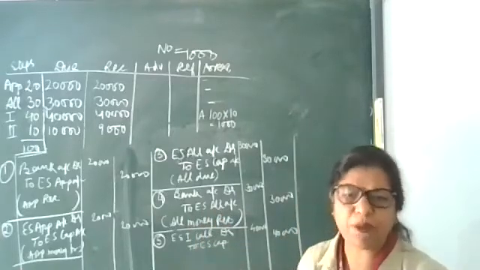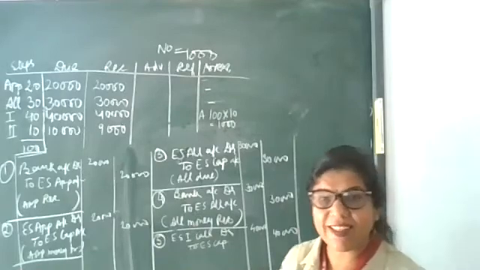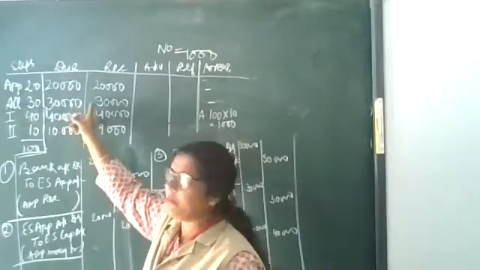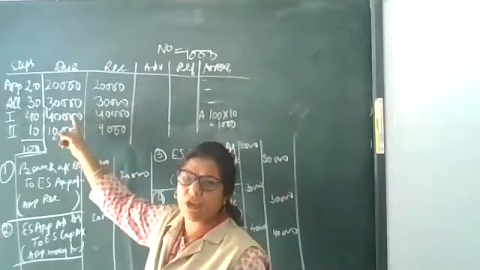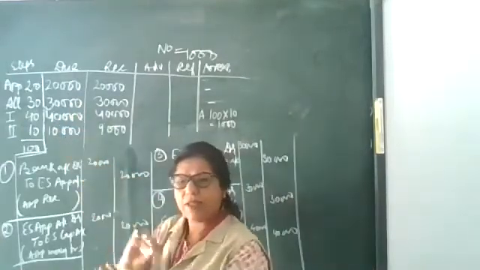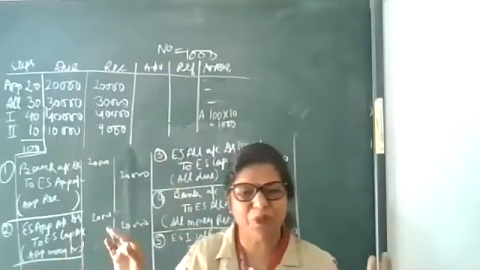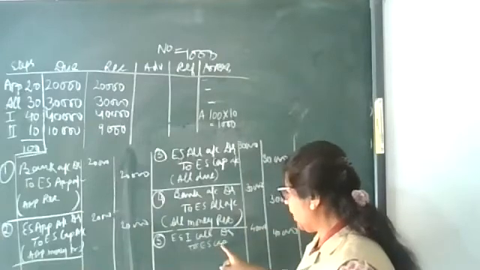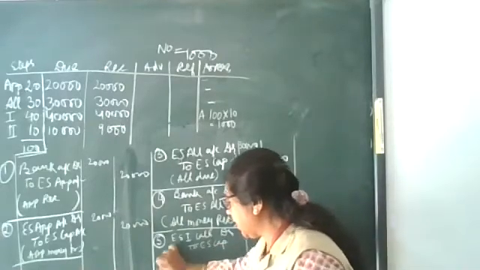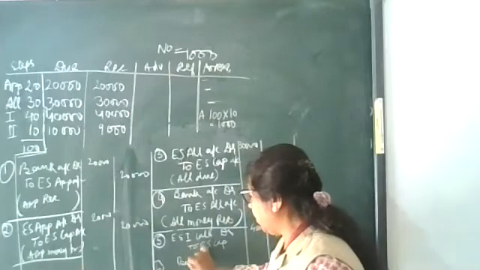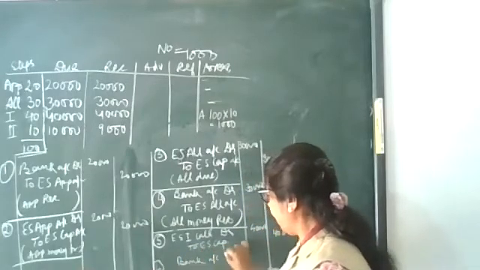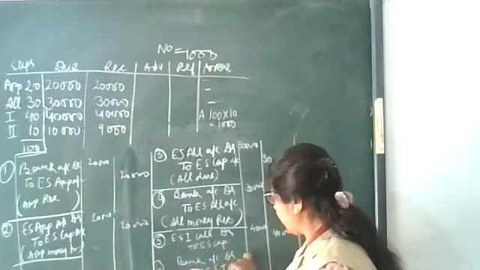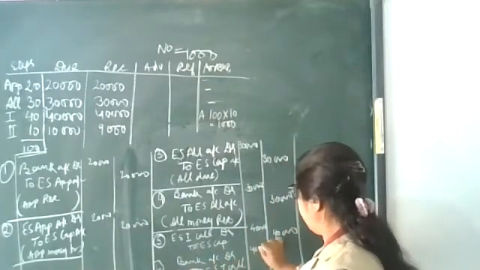Now there will be no change in the general entries. This is the easiest way. Remove allotment, then first call, two entries. Then in place of first call, you have to put second call. First call debit to capital, now the sixth: bank debit to ES first call, 40,000.